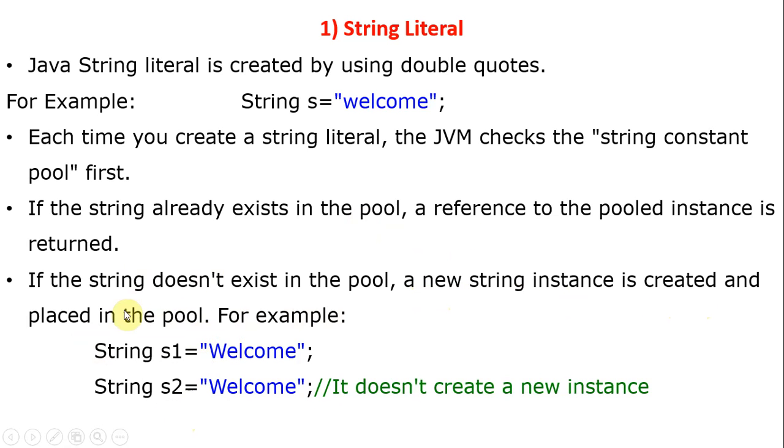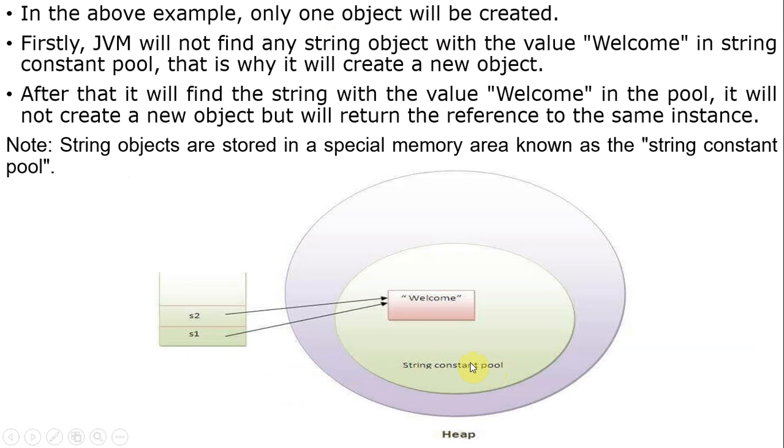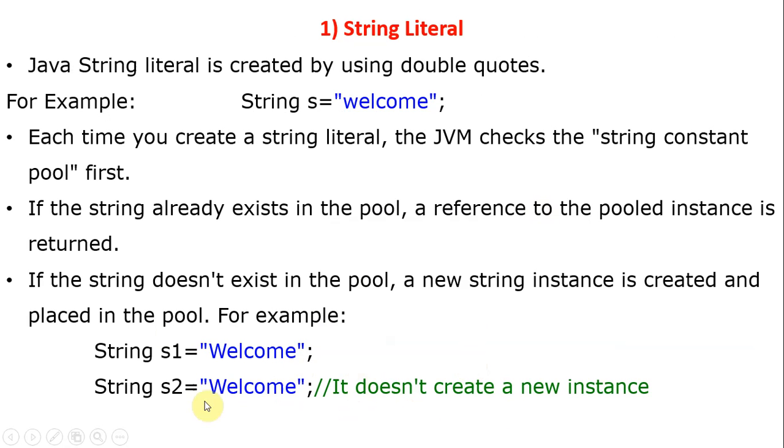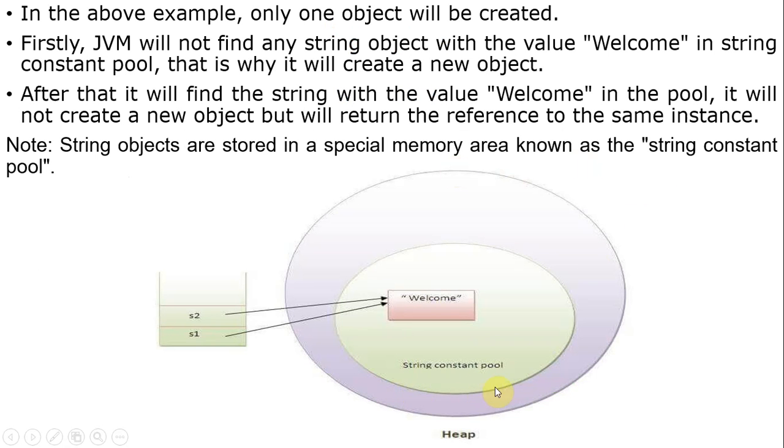For example, we are creating two strings s1 and s2, and the content is the same: welcome, welcome. First we create a string s1 equal to the literal welcome, so it goes and is stored in the string constant pool. When we try to create the same literal with a different name, the JVM will first go and check the string constant pool.